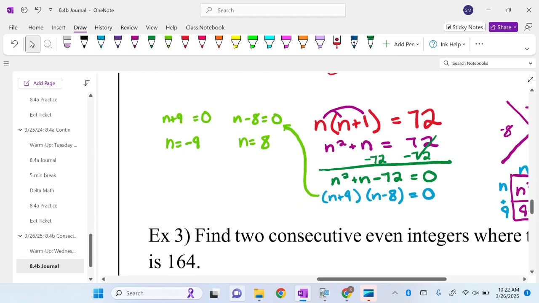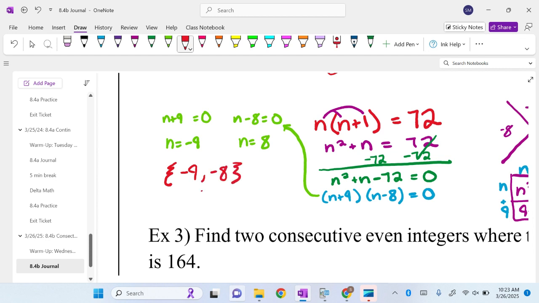So we have two different answers here. So the way we're going to write this is our answer is the set of negative 9 and negative 8 can work, or the set of 8 and 9 can work. So there's two different sets of consecutive integers that can work for what we want it to be. So unlike with area problems, we can't just eliminate the negative.